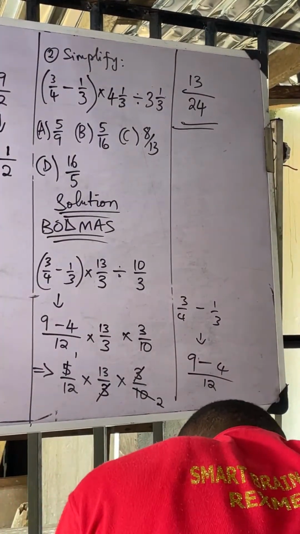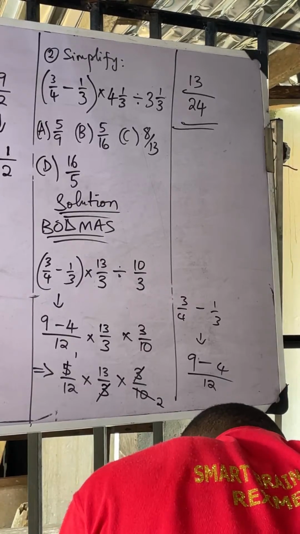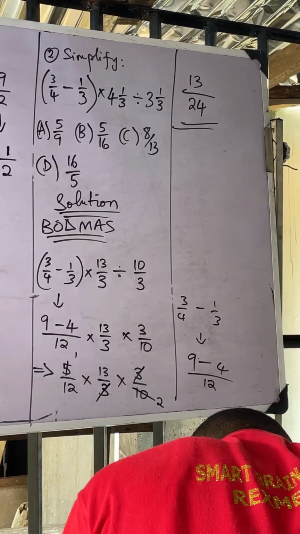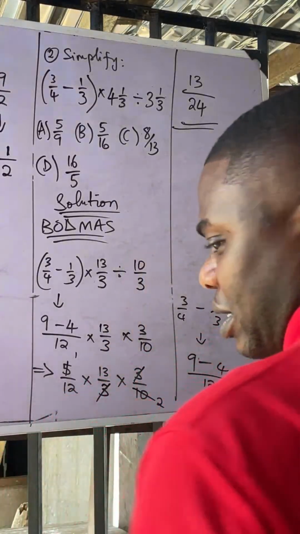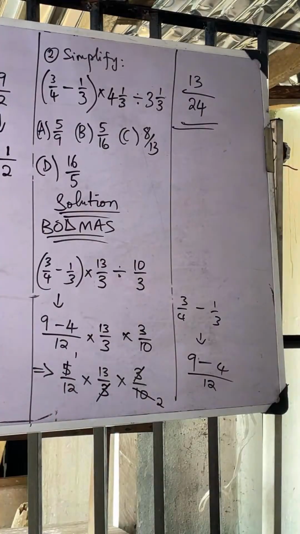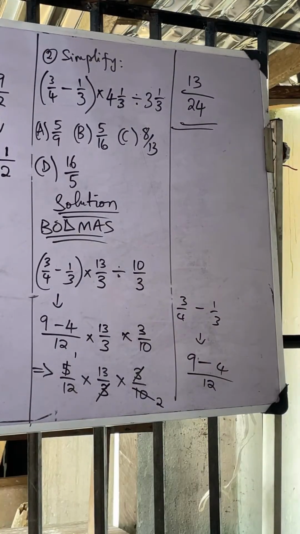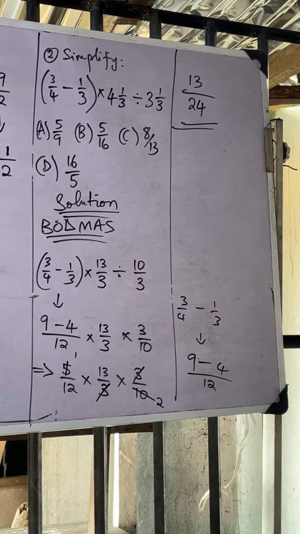We have 5 over 9, 5 over 16, 8 over 13, and 16 over 5. That should be a mistake. So none of the given options is correct. Our pattern of solving is very okay.